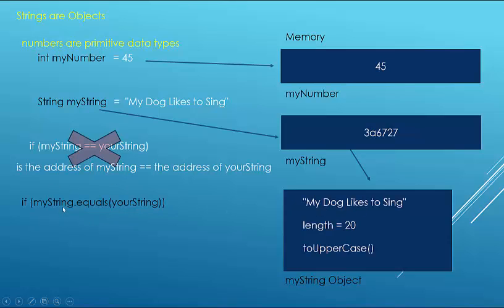So now we're comparing the string literals and seeing if they're the same, as opposed to this statement, which is comparing the address in memory of myString to the address in memory of yourString. And all that's really doing is saying, are these two the same, pointing to the same object?